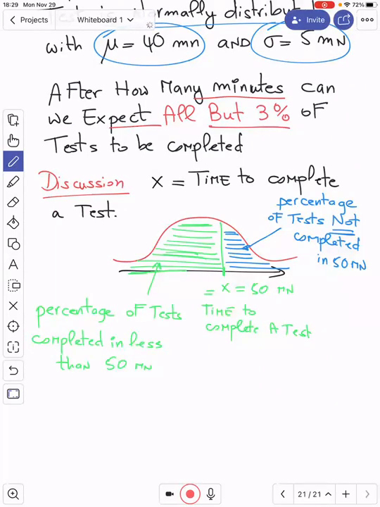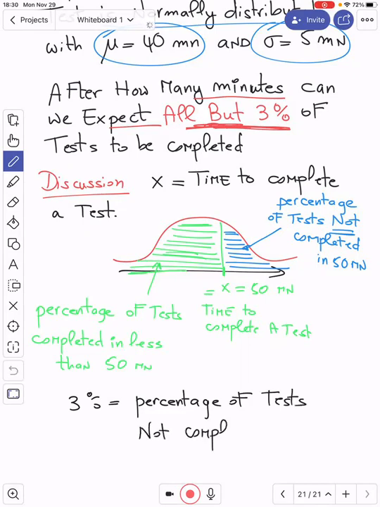So the 3% is the percentage of tests not completed. Because of the "but" here, we expect all but 3% of tests to be completed, so in our example, the 3% is the percentage of tests not completed after x minutes.